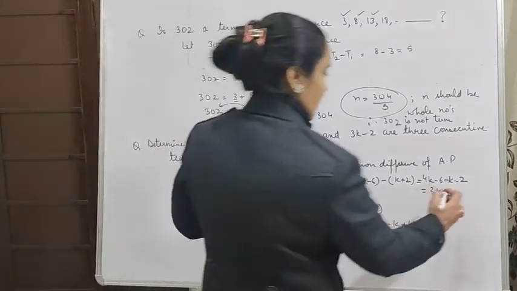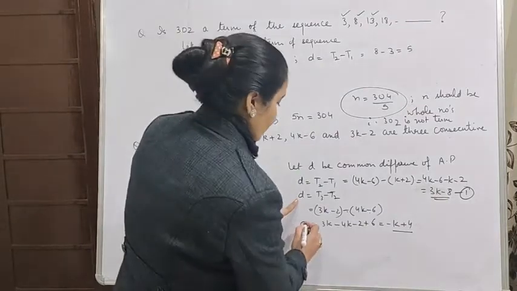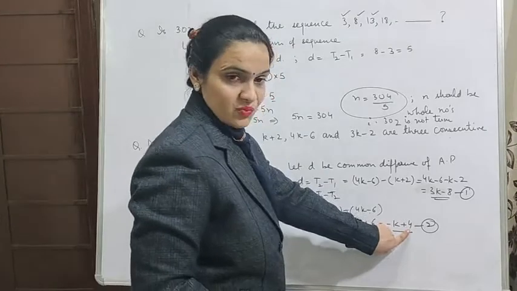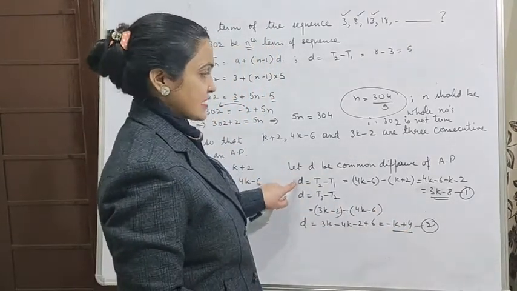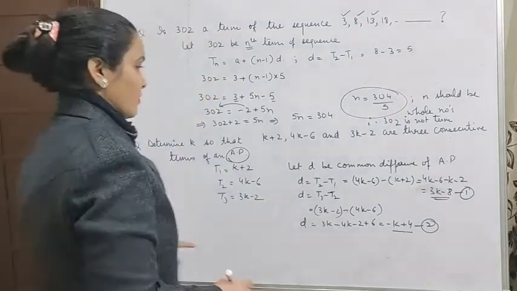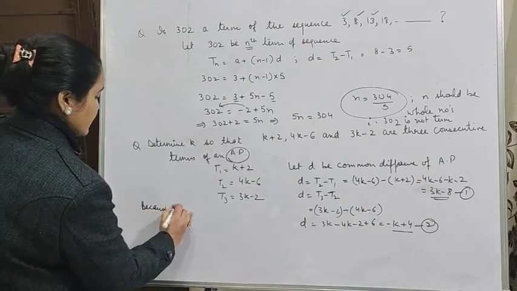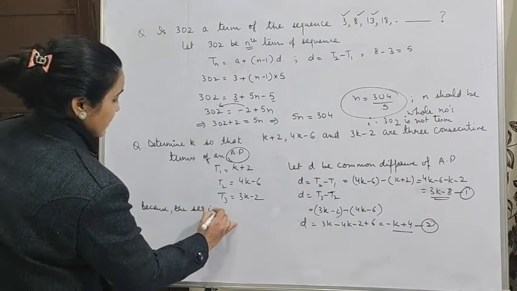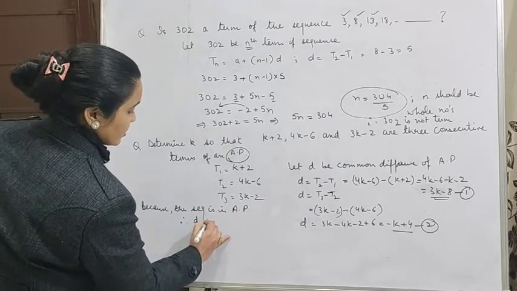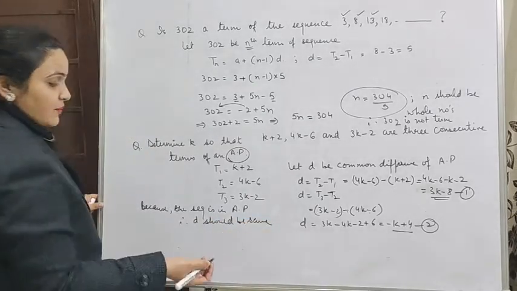From equation 1, D is 3k minus 8 and from equation 2, D is minus k plus 4. But this is in arithmetic progression, so D should be the same. Because the sequence is in arithmetic progression, D must be the same.